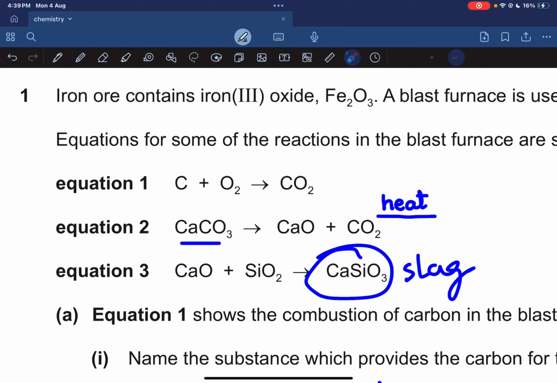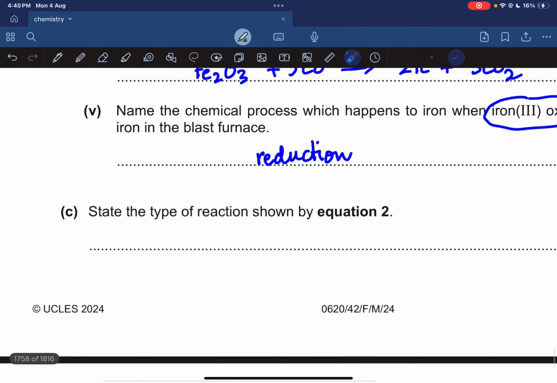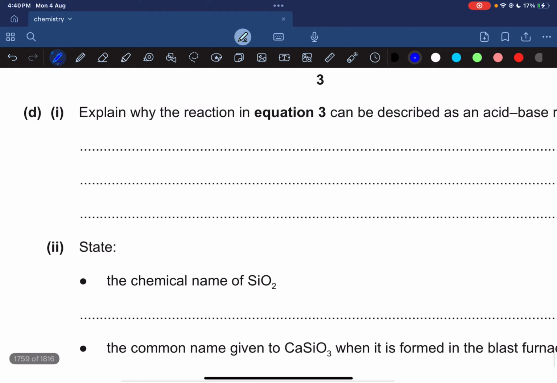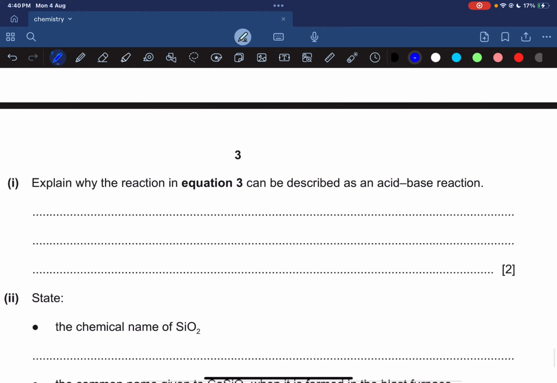But if you heat your calcium carbonate, zinc carbonate, lead carbonate, iron carbonate, whatever carbonate is below potassium and sodium, it's going to convert into oxide and carbon dioxide. So basically it decomposes. The reaction happening in equation 2 is simply thermal decomposition, a substance decomposing.